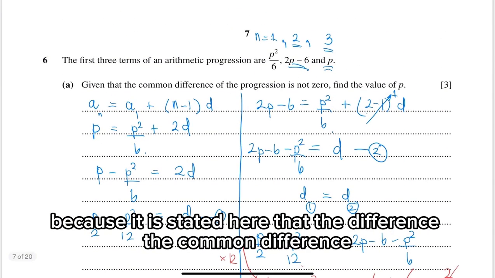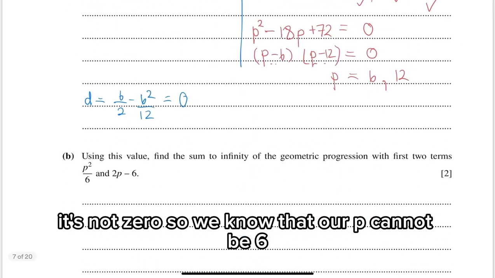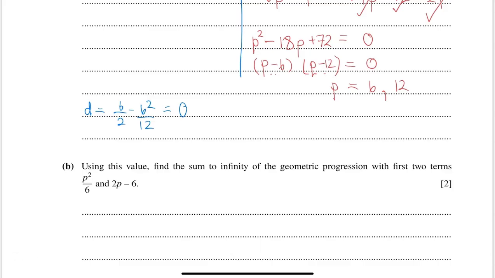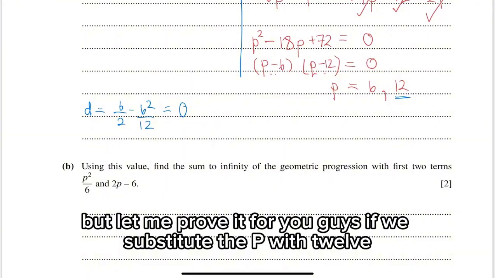Because it is stated here that the common difference is not 0. So we know that our p cannot be 6. So we can actually say that our p is 12. But let me prove it for you guys.